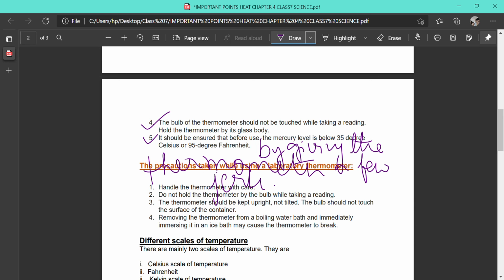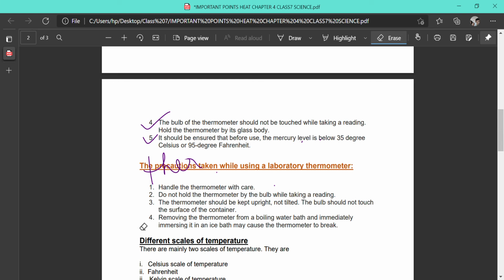By giving jerks, we can take down the reading of the thermometer below 35 degrees Celsius or below 95 degrees Fahrenheit. These are the two scales that may be present on the screen of the thermometer. Both these scales are present. On one side there is the Fahrenheit scale, and on the other side there is the Celsius scale.